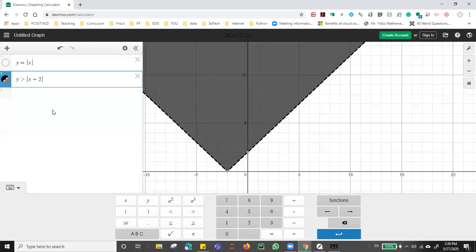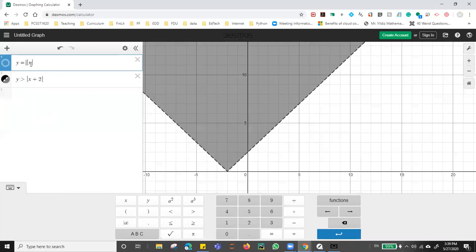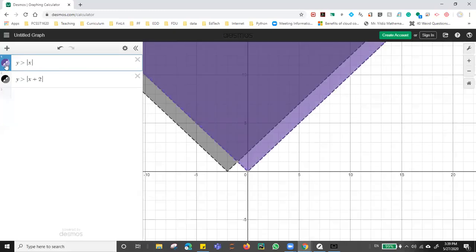Did you see that? Yes. Let me fix this one with the x greater than. Okay, so let's compare those two. The parent function's vertex is at the origin.